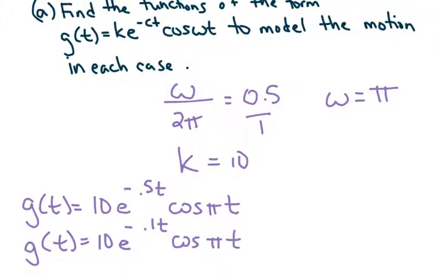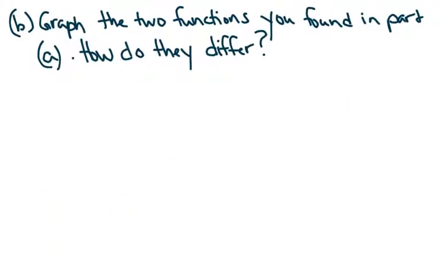Now that we have these two equations, in part B we're going to look at the graph of each equation and determine how they differ. In order to graph the first one, I need to make a viewing window on my calculator that's appropriate for this circumstance.